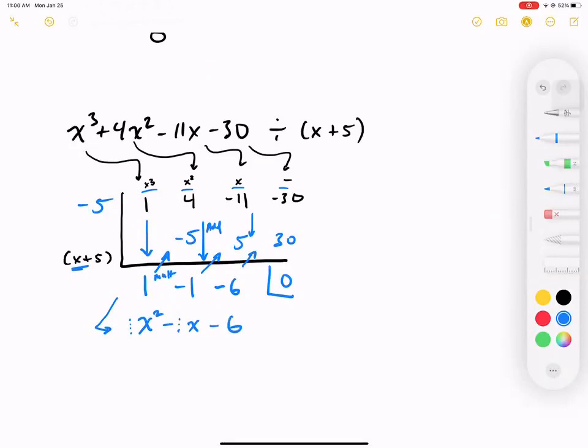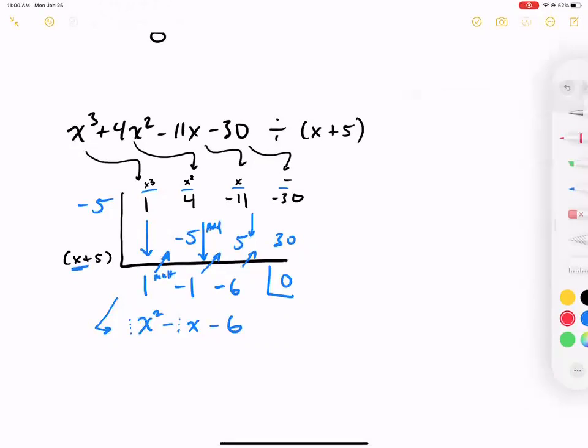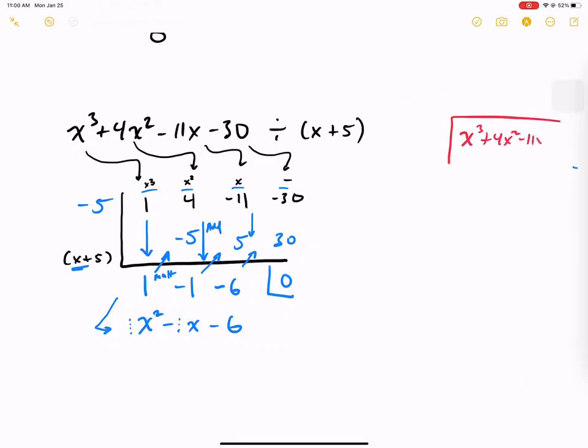Now, if I was doing long division, I would have to write so much more than this. So I'm just going to try this on the right side here so you guys can just see it. If I was doing long division, x cubed plus 4x squared minus 11x minus 30, we would have to match, multiply, and then subtract.